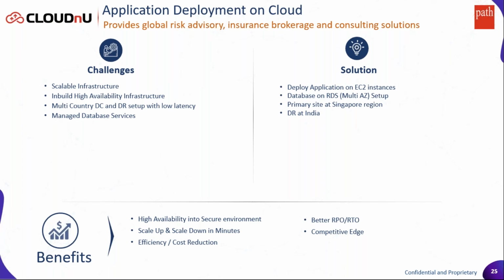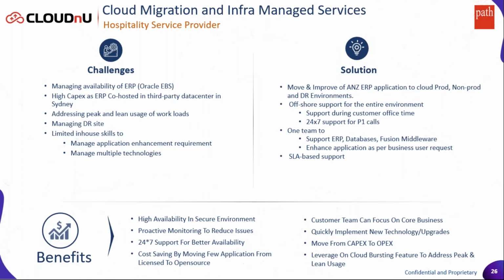The next case study is one of the hospitality service providers. They are running their EBS applications on premises. Sudarshan talked about how, if the application is dependent on some databases which you cannot move to RDS, we can move the database to another service on AWS. So here we migrated their EBS applications to AWS.